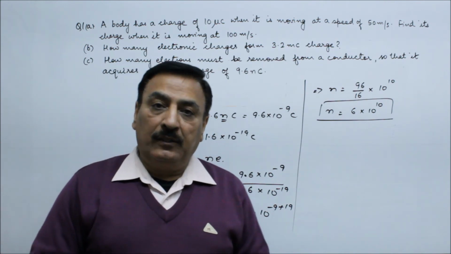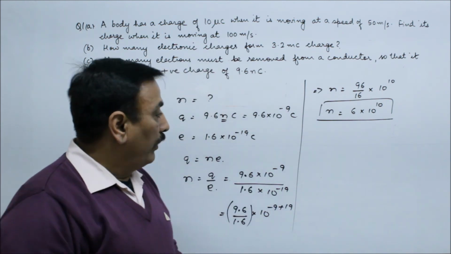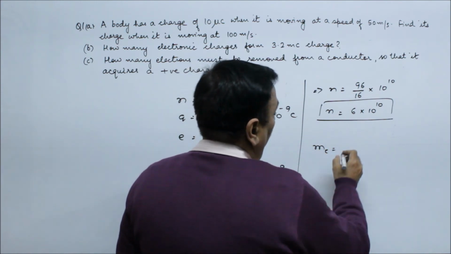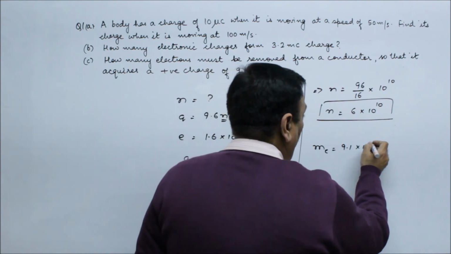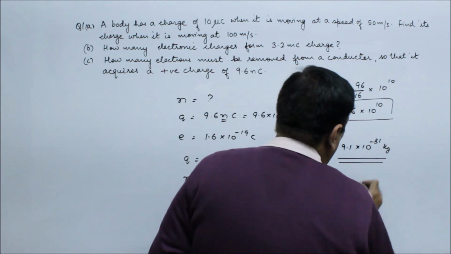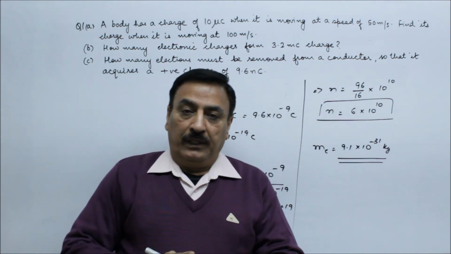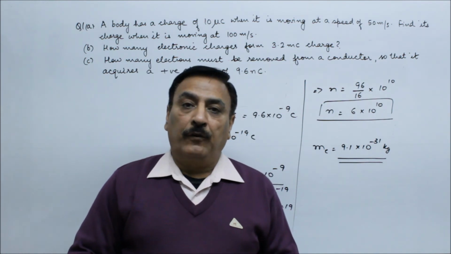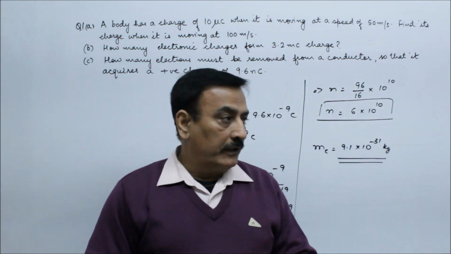Now in case you are asked a question, is the mass of the body changed? We already know the mass of the electron is very, very small. What is the mass of the electron? It is 9.1 into 10 raised to the power minus 31 kilogram. So it is a very, very small mass. So in case a few electrons are transferred from one body to another body, ideally speaking, there is hardly any transfer of mass. But then, definitely some mass has got transferred.